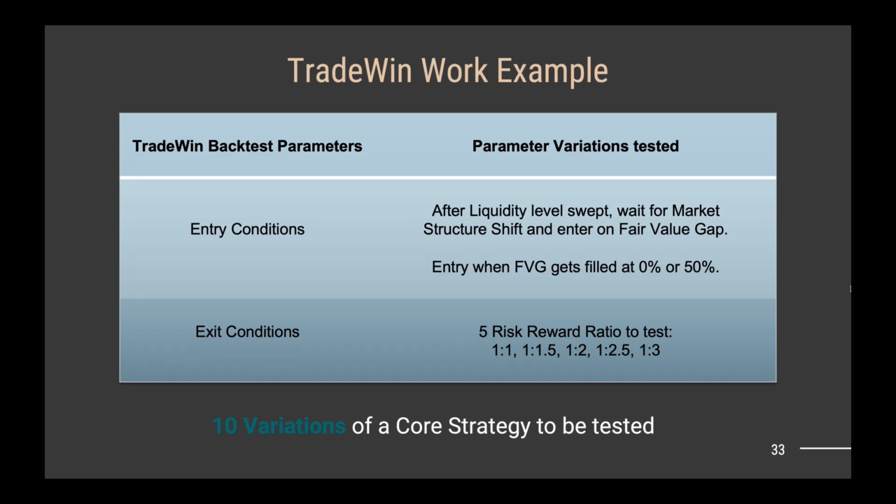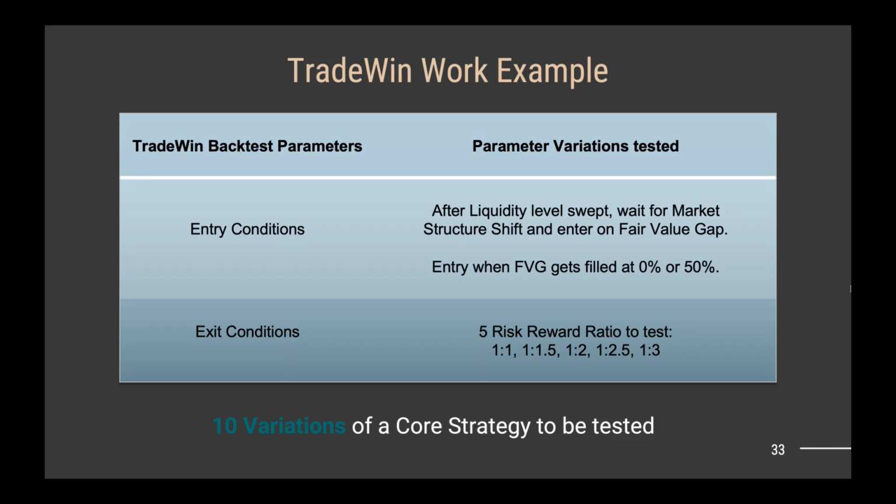So 1.1, 1.5, 2, 2.5, 3. With all of that, we have here 10 variations of the core strategy to be tested. 10 because 2 entry conditions times 5 risk reward ratios. That makes 10.